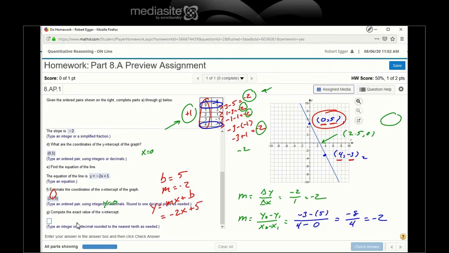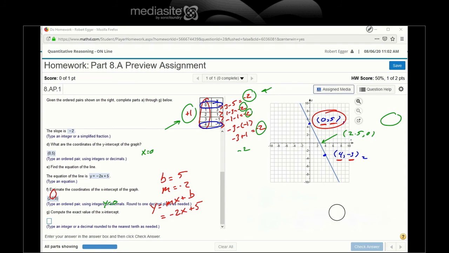Let's compute the exact one. We know y equals minus 2x plus 5. Let y equal 0. Some algebra: we need to move the stuff we add or subtract first.